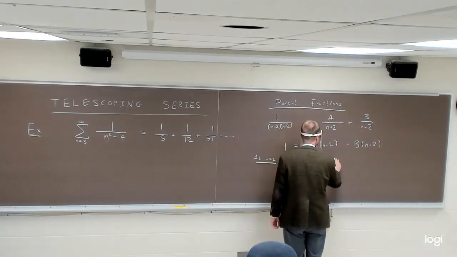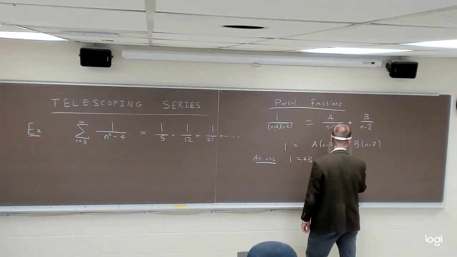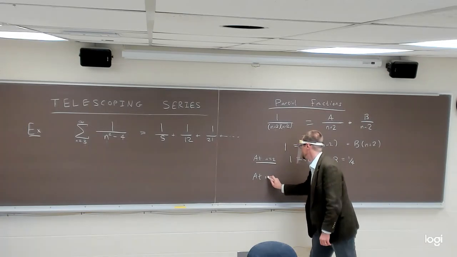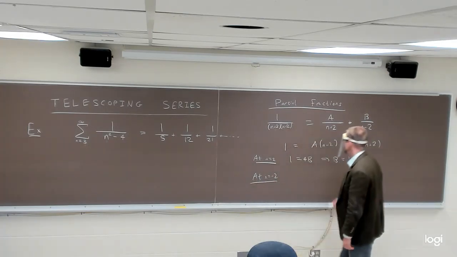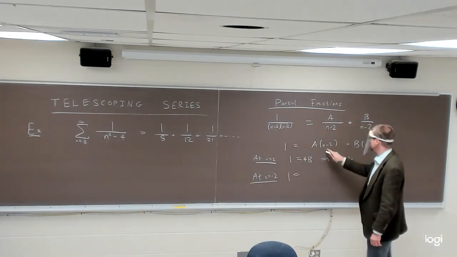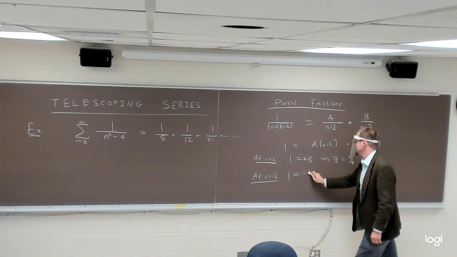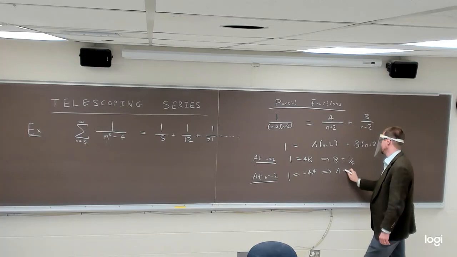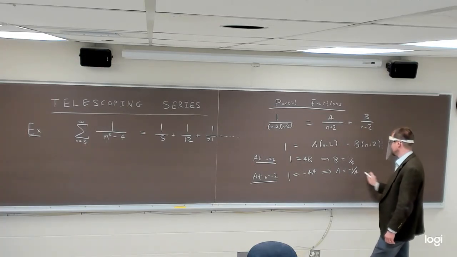So really b is a fourth. And at n equals minus 2, this equation says that 1 equals negative 4a plus 0b, so a is negative a fourth.